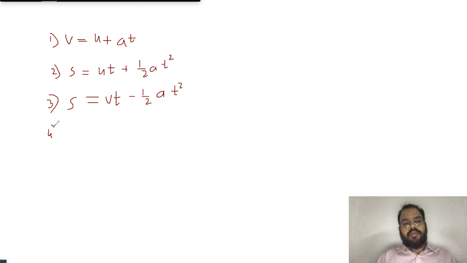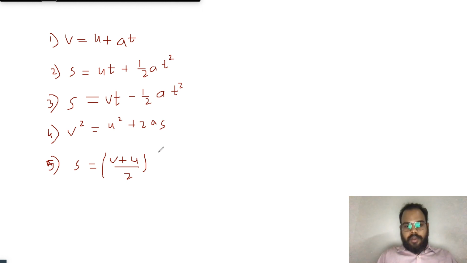Your fourth equation is v square is equal to u square plus 2as, and then your final equation, which I recommend to remember, is s is equal to v plus u by 2 into t. So if possible, do remember all these 5 equations.